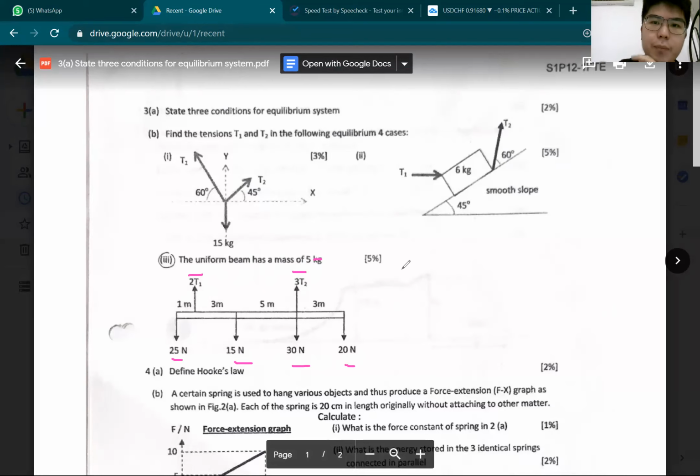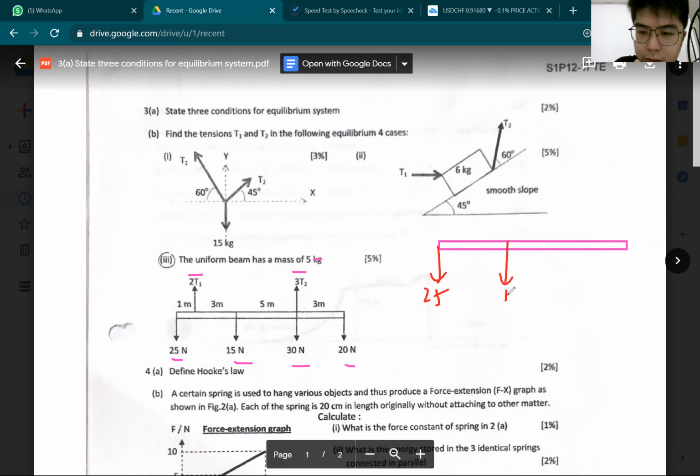Okay, now the first step is we want to label all the forces out. So let me just draw this out. This is the plank, and this is 25, 15, and then 30, 20.